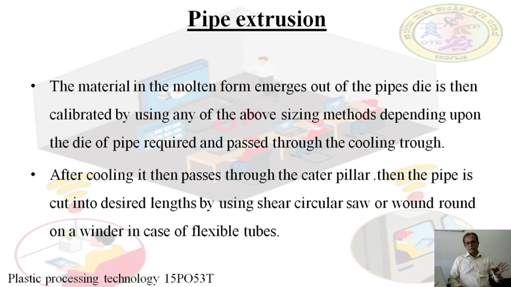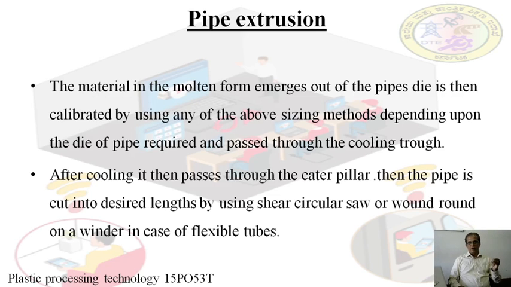So the whole setup should be there, and the molten material which emerges through the die is then sized according to our standard size, then it should be cooled, and then wound or coiled.